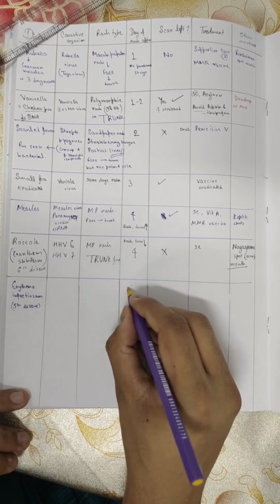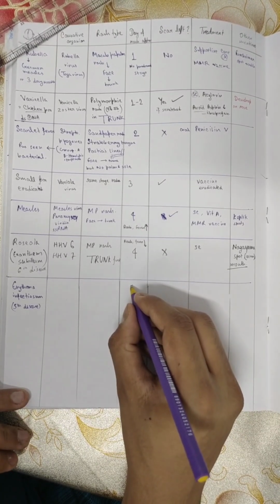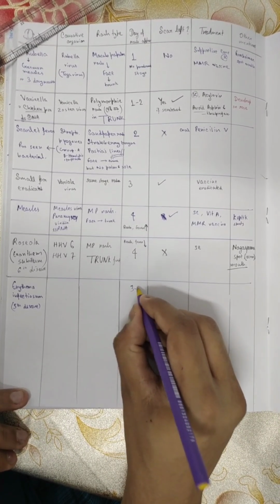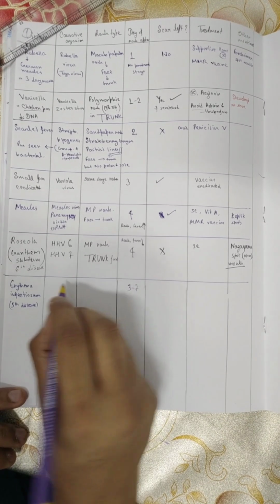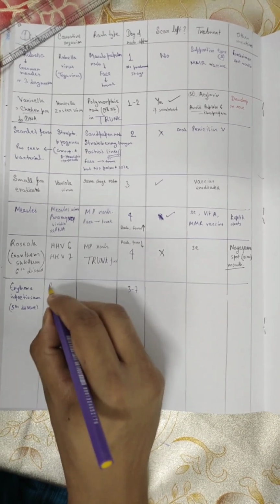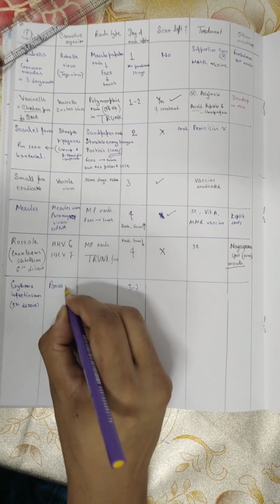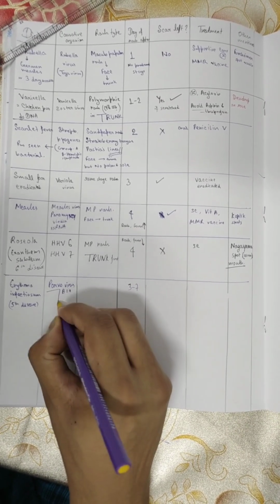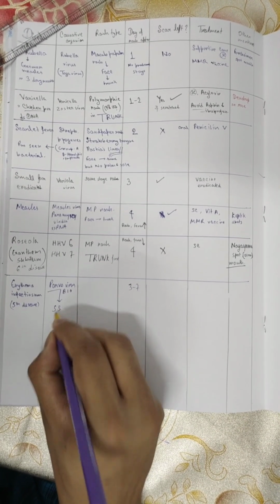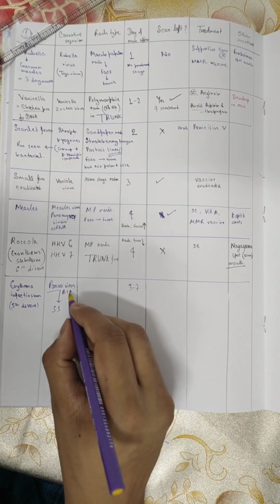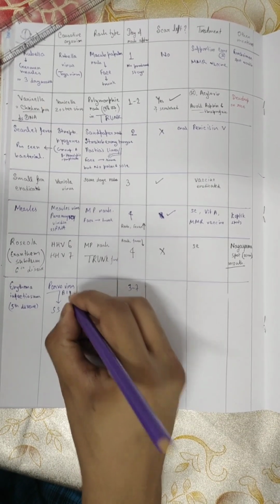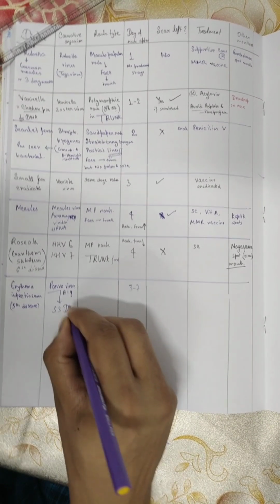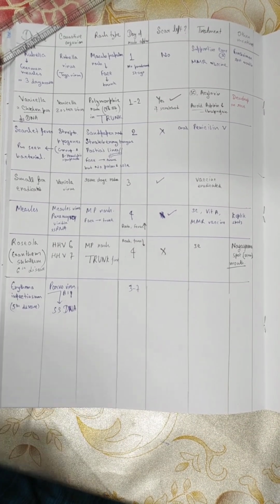So I am writing it as 6, 7. What happens here? We have parvovirus B19. Now parvo is single stranded, and it is human, so it is a single stranded DNA virus. It is a previous year question as well.